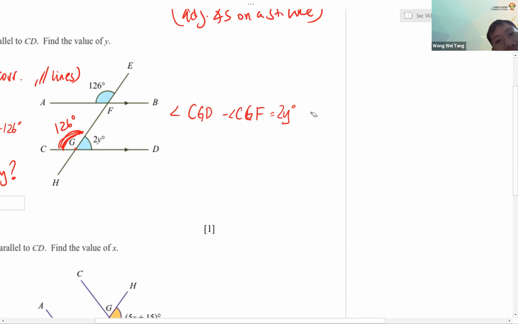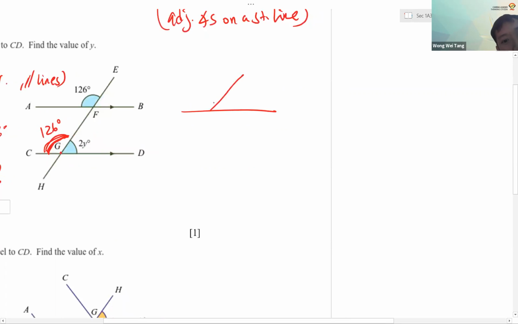Glenn, you're complicating things. Watch. If I have 30 degrees and I have x, and I want to find x, it is just x plus 30 equals 180 degrees, adjacent angles on a straight line.